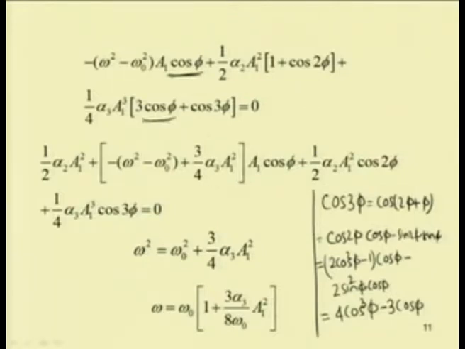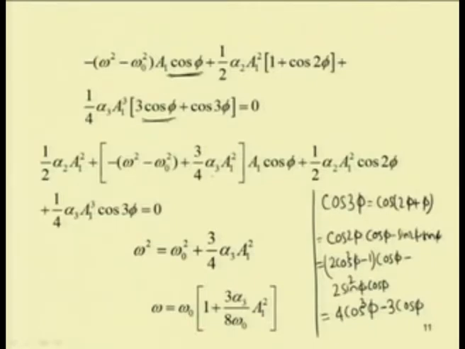The constant part is half alpha 2 a 1 square into 1, plus minus omega square minus omega 0 square plus 3 by 4 alpha 3 a 1 square into a 1 cos phi. Similarly, arranging the terms with cos 2 phi, we have half alpha 2 a 1 square cos 2 phi plus 1 by 4 alpha 3 a 1 cube cos 3 phi equal to 0.